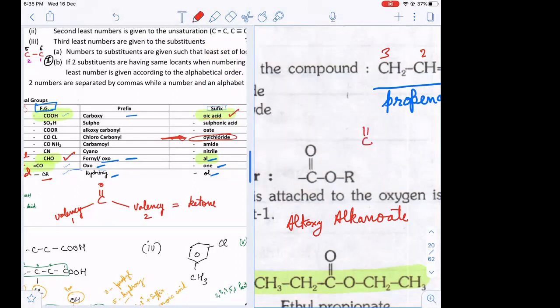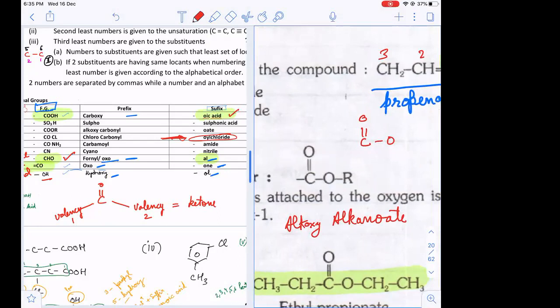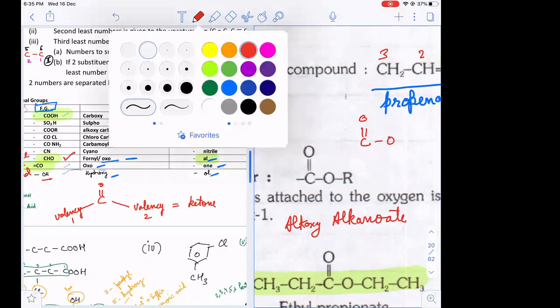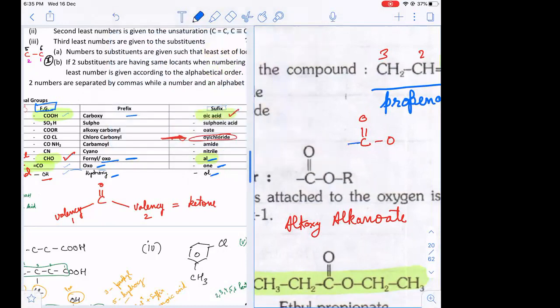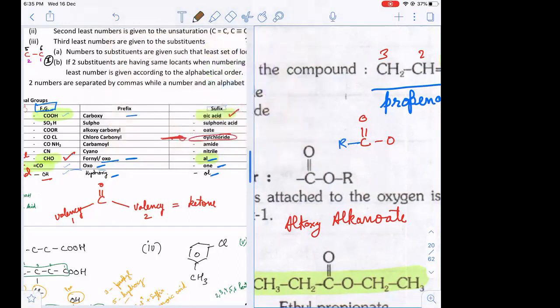we have the group COO, and there are 2 different R's attached to this COO. One is this and the other is this.